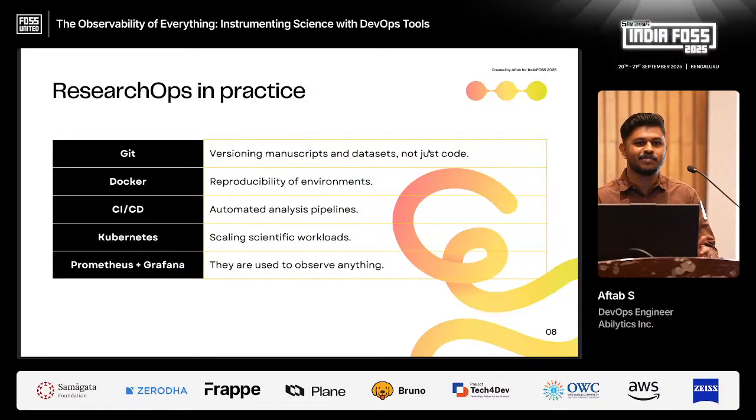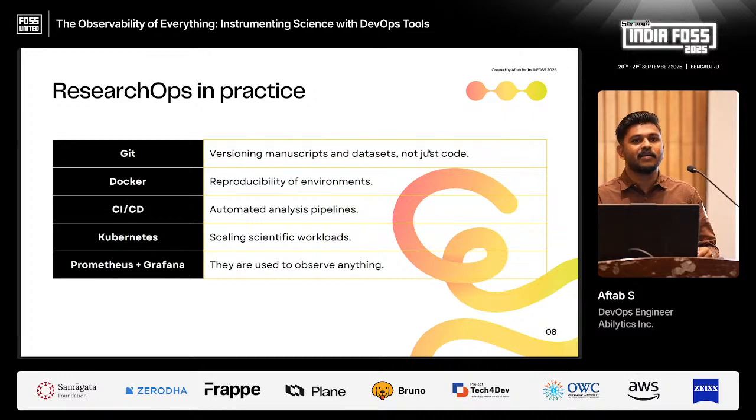Instead of that, just push it to Git. Now, Docker is used to package the whole environment. Say, computational fluid dynamics. I was very bad at it. Anyway, you can package the whole environment and share it with someone else so that they can experiment or reproduce the whole concept once again.